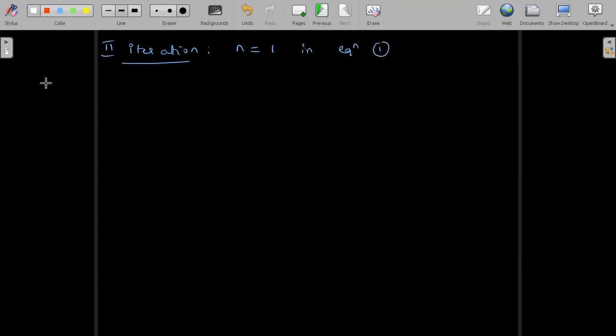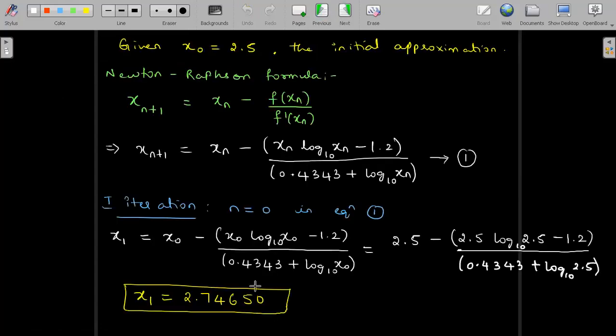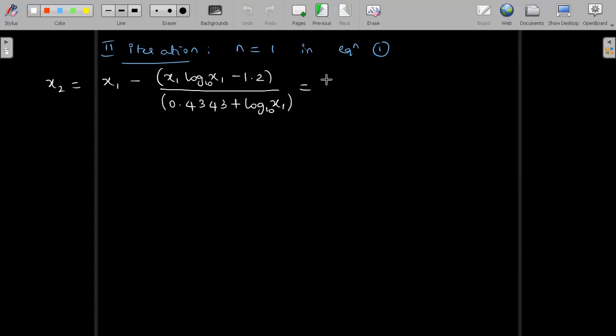So we have x2 is equal to x1 minus x1 into log of x1 to the base 10 minus 1.2, divided by 0.4343 plus log x1 to the base 10. Substitute x1 up to 5 decimal places. We have obtained the answer, no? So let us substitute this value of x1 and obtain the answer for the second iteration.